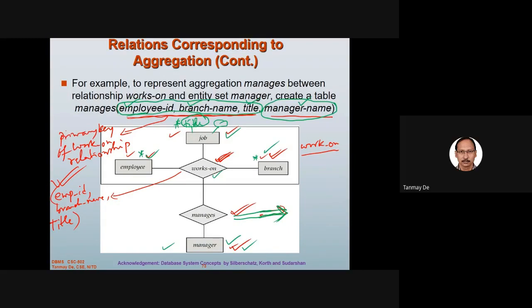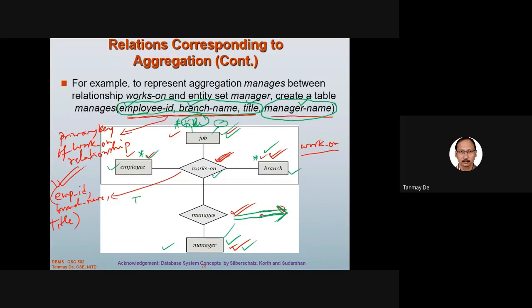And in case of other relationships, for the employee table, all the attributes of the employee correspond to the columns of the employee table. Similarly, for branch, all the attributes of the branch entity set correspond to the columns in the branch table. Similarly, job and as well as the manager table. So here finally, how many tables are there?